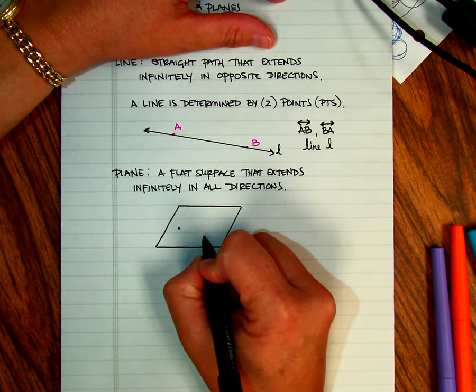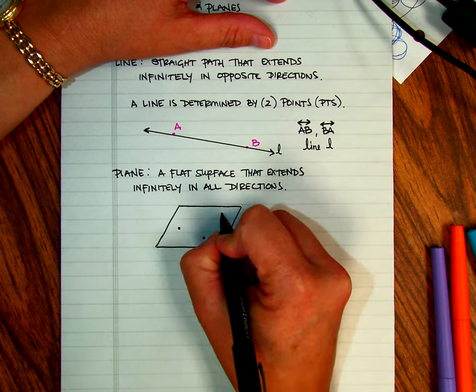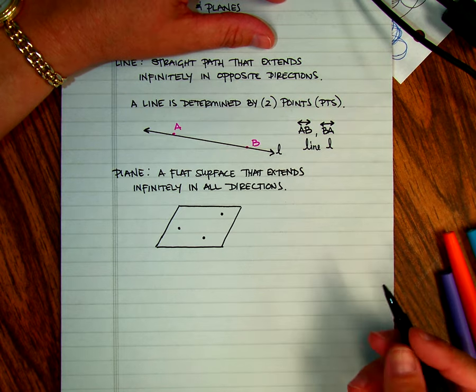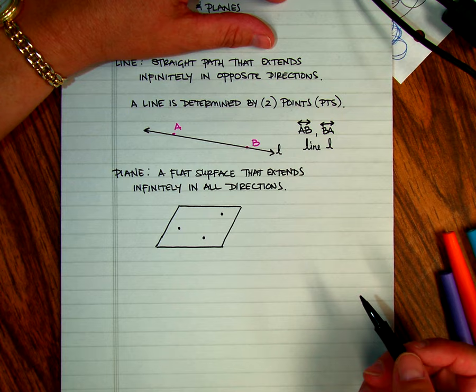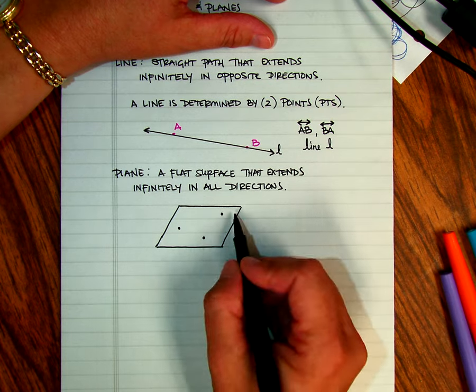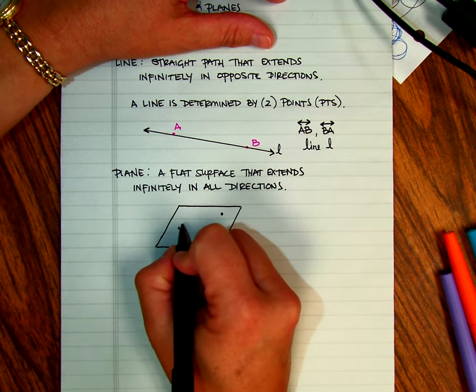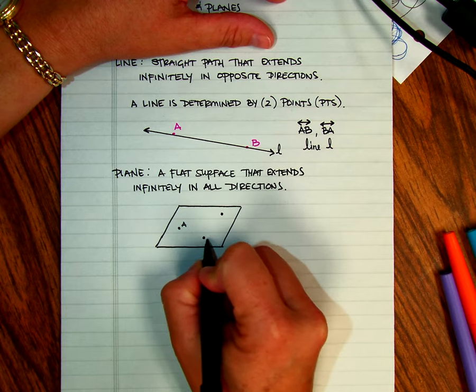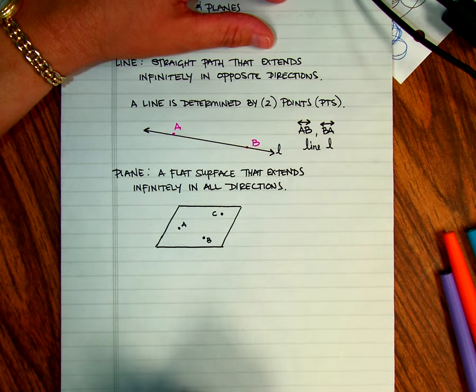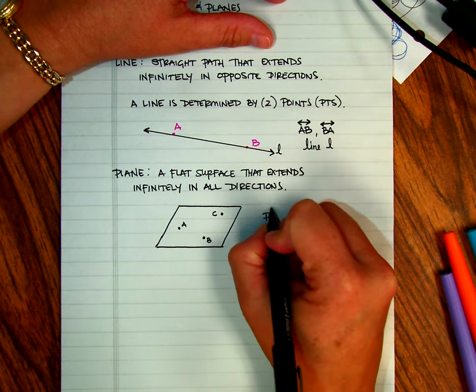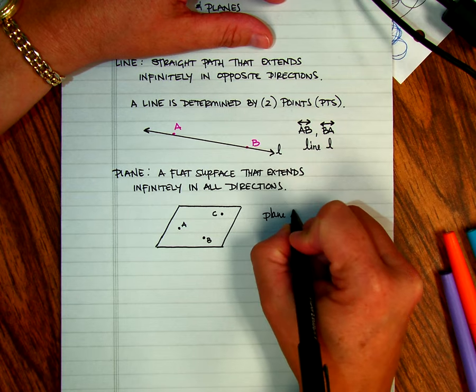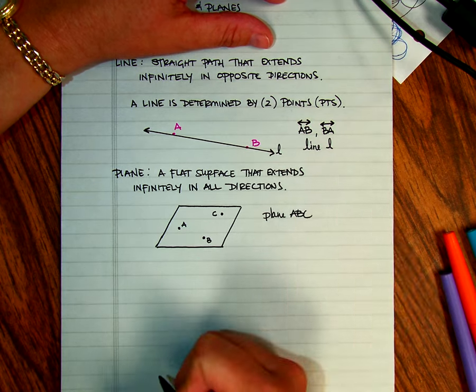You could have 3 points, 3 non-collinear points. I'm actually going to define that here in a minute. So if this is point A, and this is point B, and this is point C, I could call this plane ABC.